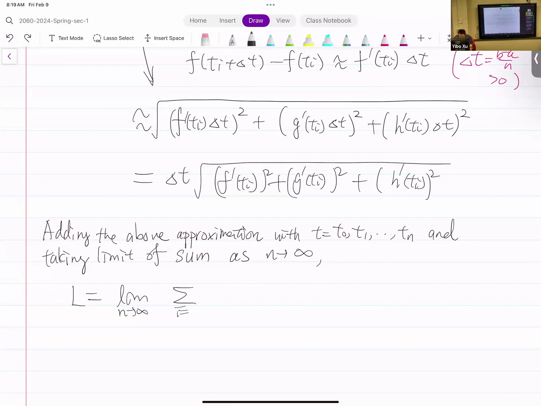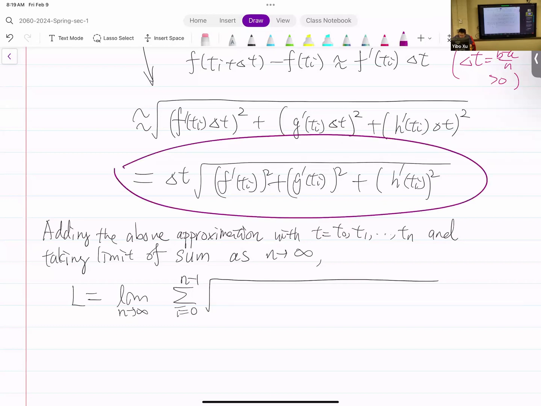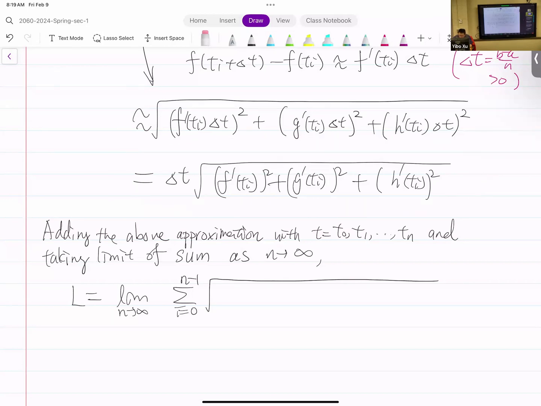Okay. So i goes from 0 to n, well, n minus 1. Well, because our endpoint is t_n, right? So there are n pieces. And then we're just summing up these, right? But here I want to put the delta t at the end, so it's going to be f prime of t_i squared plus.